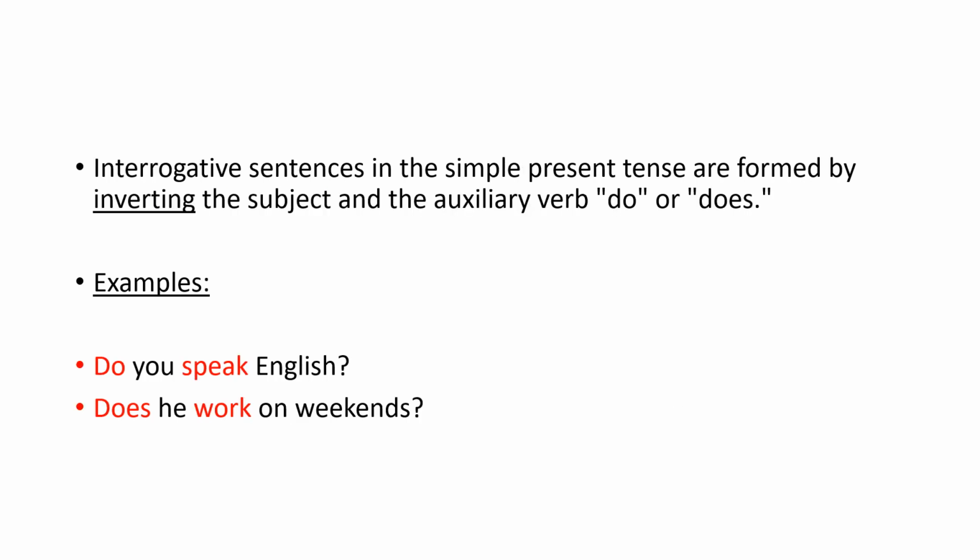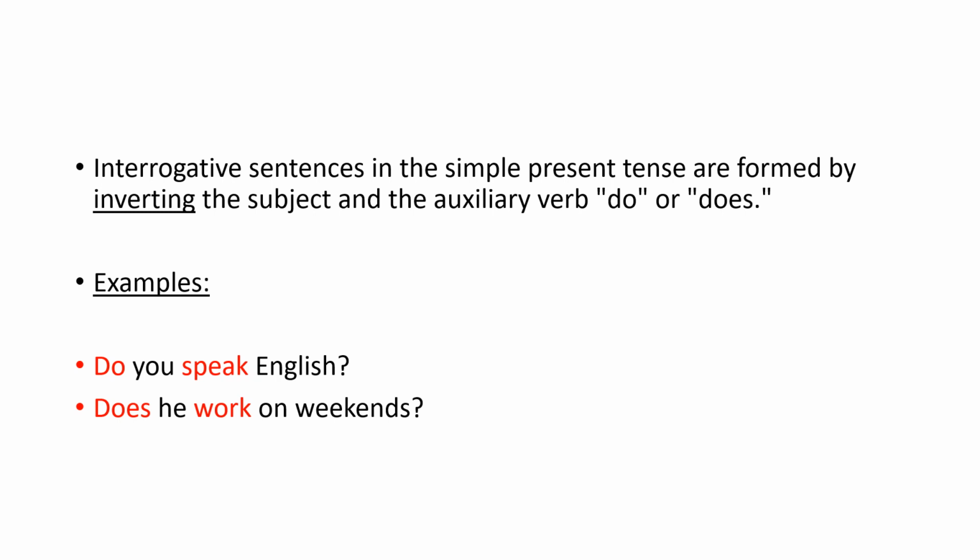Interrogative sentences in the simple present tense. Interrogative sentences in the simple present tense are formed by inverting the subject and the auxiliary verb do or does. For example, do you speak English? Or does he work on weekends? These demonstrate the structure used to form questions in the simple present tense.